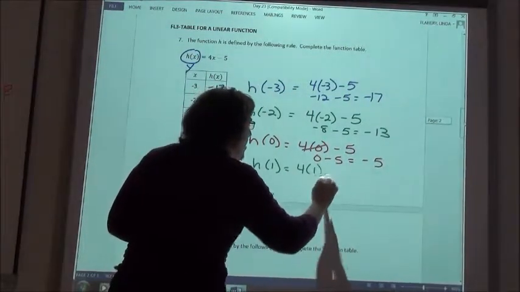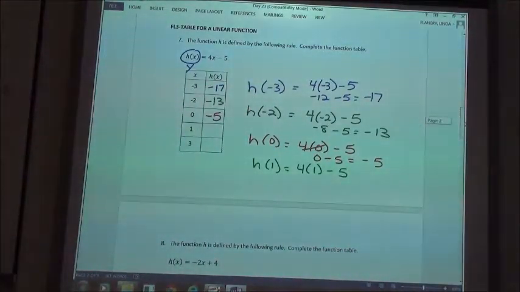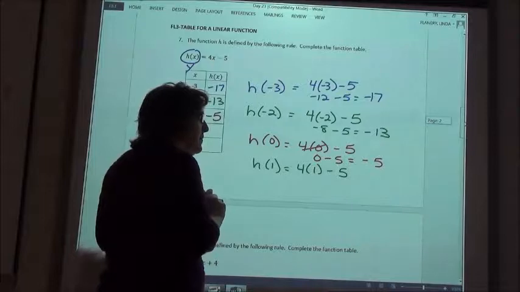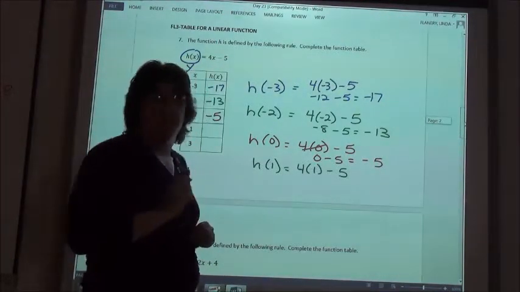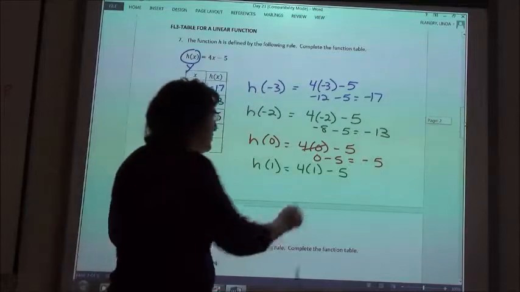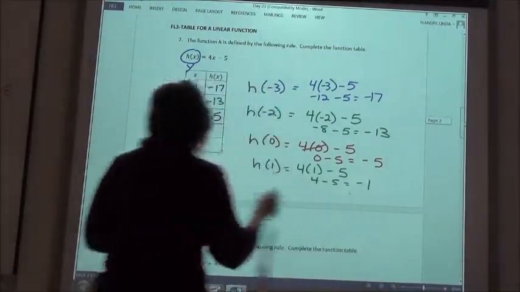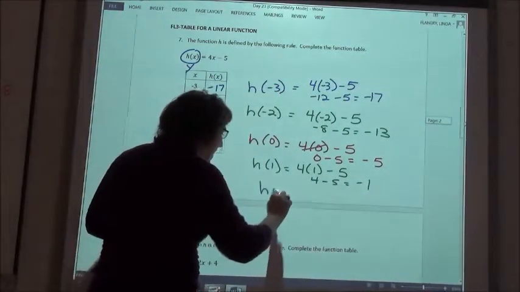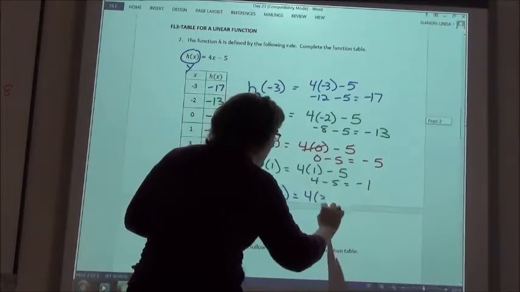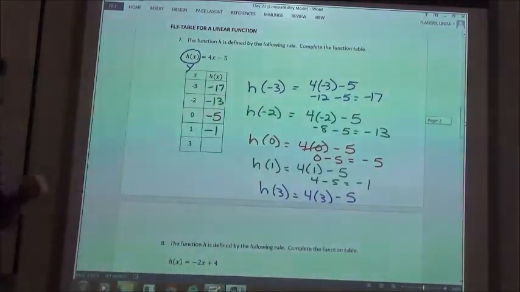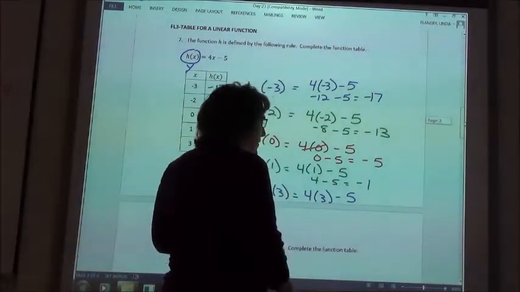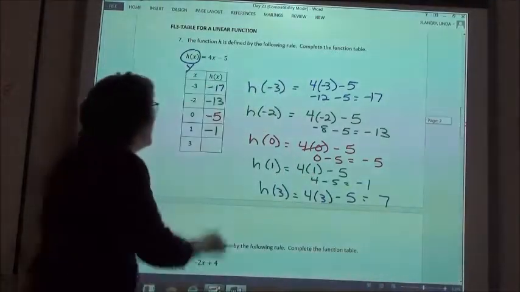So 4 times 1 minus 5. 4 times 1 minus 5 would give me -1. 4 minus 5 is -1. And then last but not least on this one is 3. H of 3 means I'm going to do 4 times 3 minus 5. If I do 4 times 3 minus 5, I get 7. 12 minus 5 is 7.